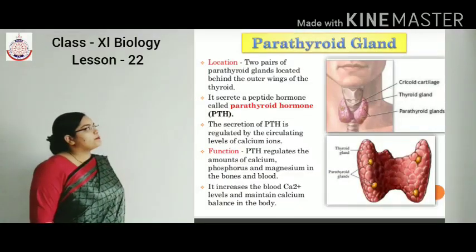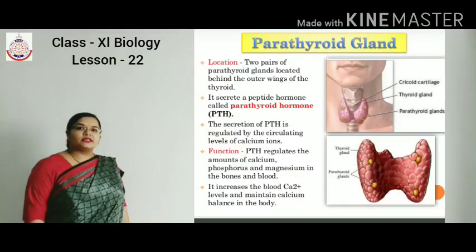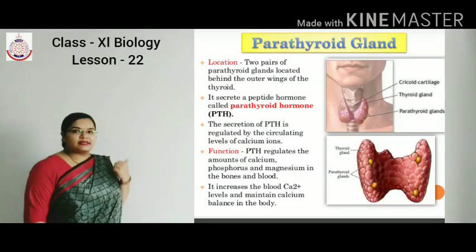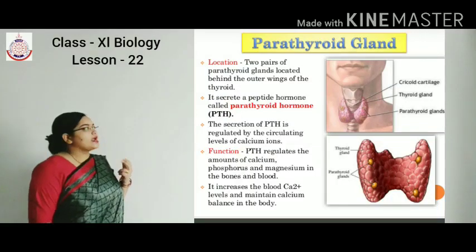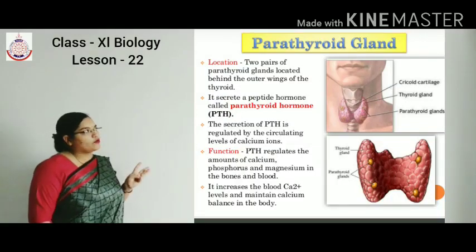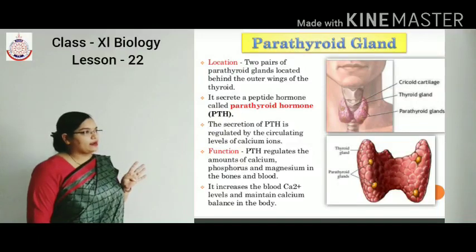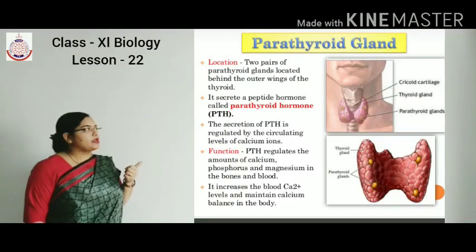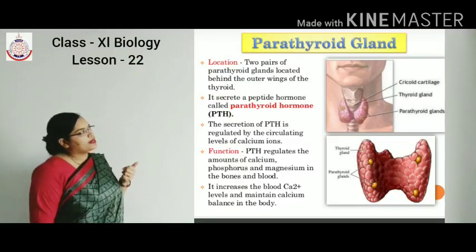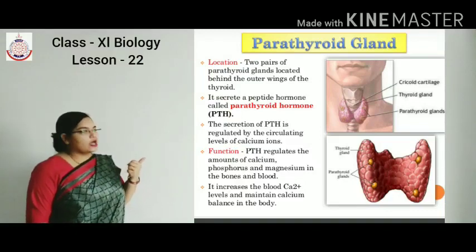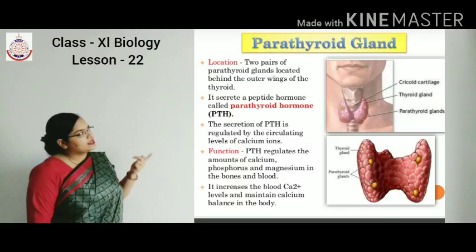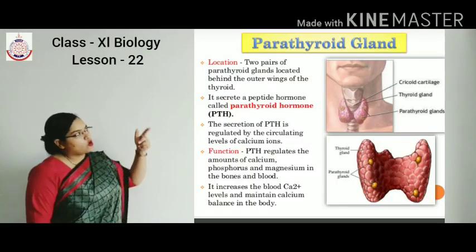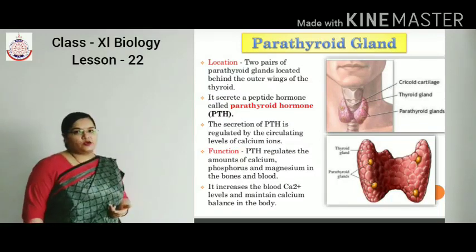Next gland is the parathyroid gland. Parathyroid glands are present on the back side of the thyroid gland, and there are four parathyroid glands. Two parathyroid glands, or one pair, are present on each thyroid lobe. You can see in the diagram, two are present on each thyroid gland lobe.